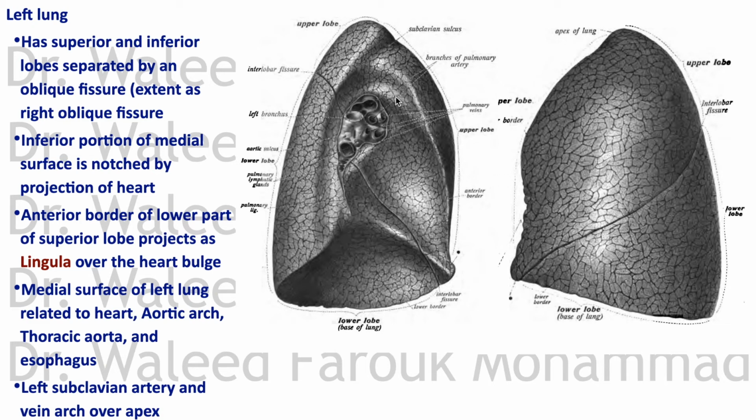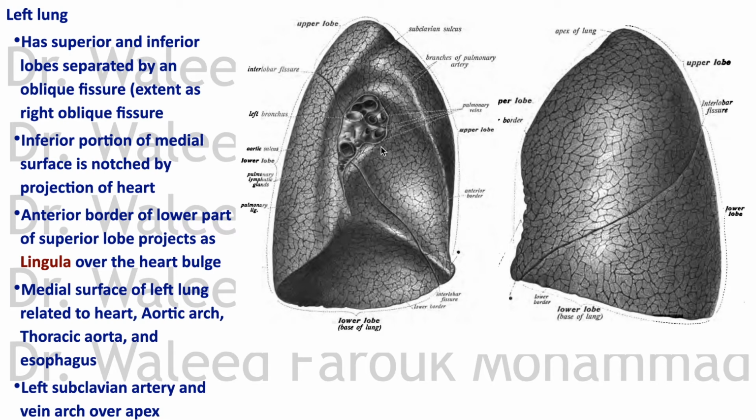Okay, what do we have here on the medial surface of the lung? We have the impression of the descending thoracic aorta with the esophagus in front of it. Esophagus, descending thoracic aorta, a continuation of the arch of the aorta. This is the arch, and this is the ascending thoracic aorta impression. And the cardiac impression here, what do you think it is?